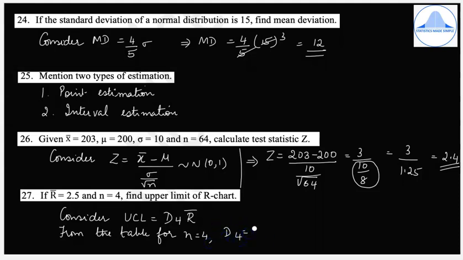So you will get it as 2.282. So which implies UCL is equal to 2.282 into 2.5. So the final answer is 5.705.